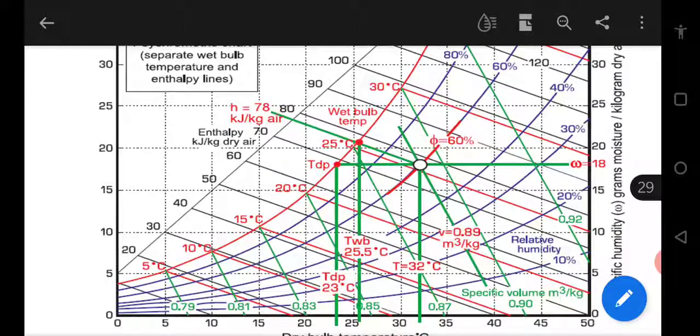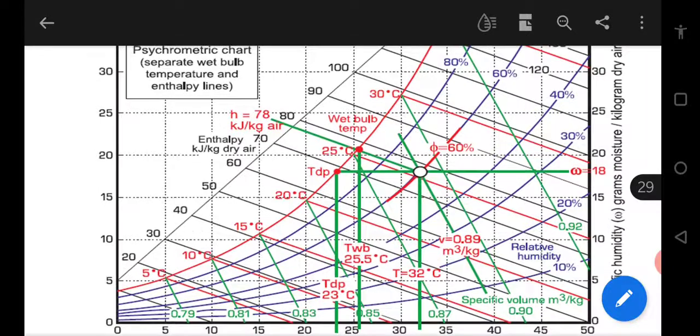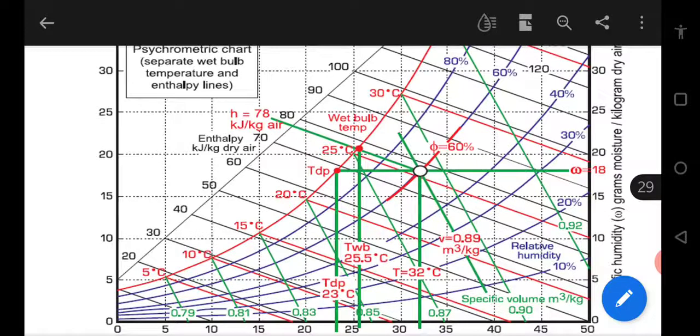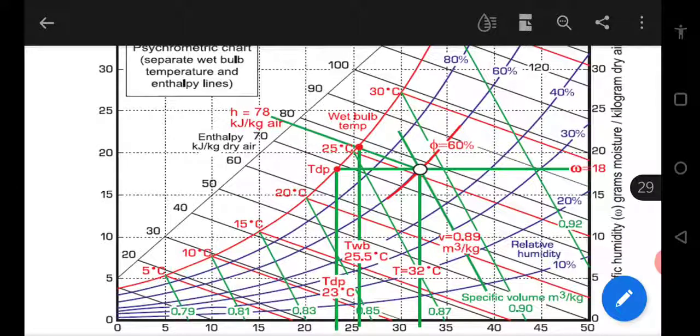Then you have this red line with 5, 10, 15 degrees. This is a saturation line, where the air has the maximum 100% of moisture it can hold. That is fully saturated air, which cannot take any further amount of moisture, and that is why it has a curved line, and there is nothing beyond that. So that is the max.